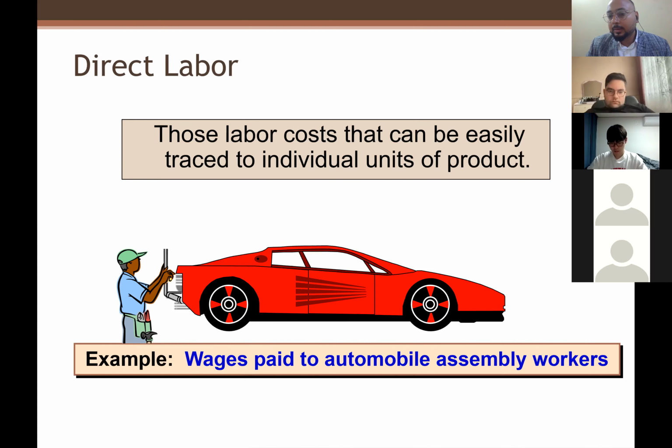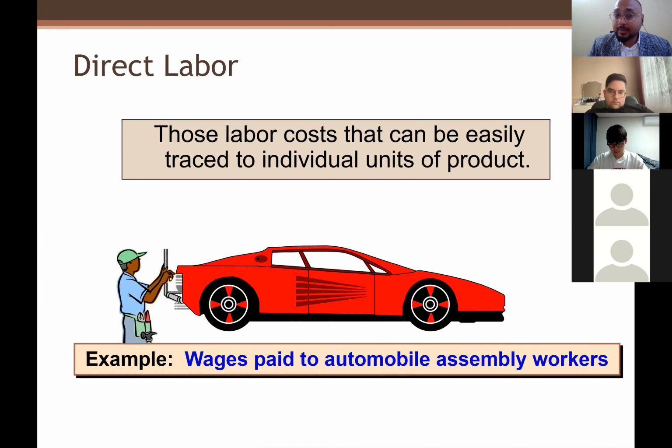right? In the case of building, the cost of masons or laborers, right? In the case of, for example, the Coca-Cola industry, those who are filling the bottles, or those who are making the bottles, although the whole system is now automatic, but still we need laborers in the production process.